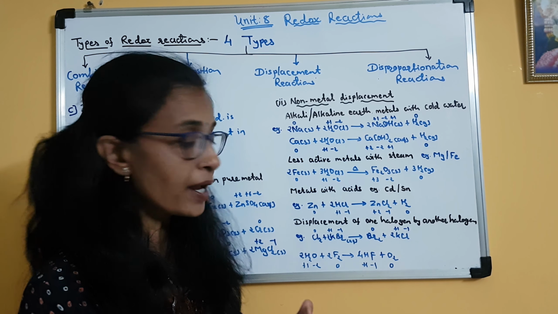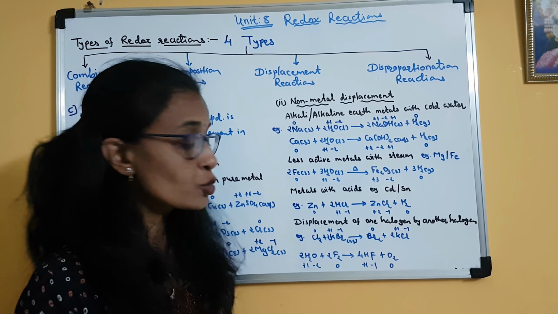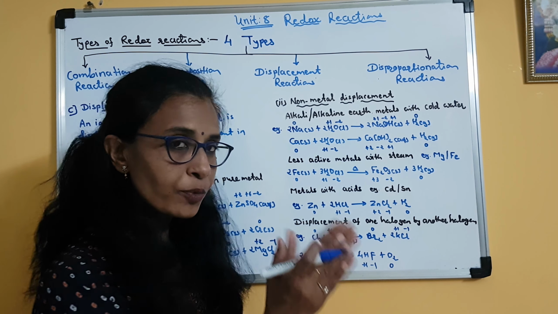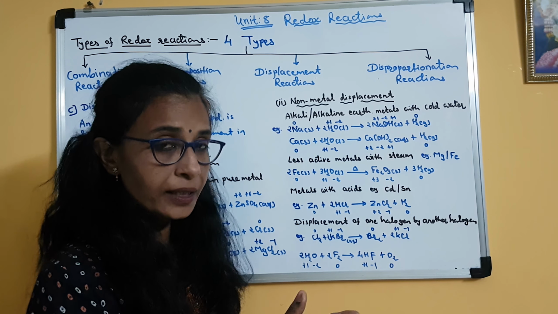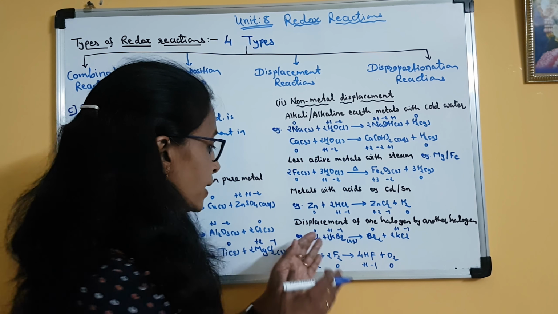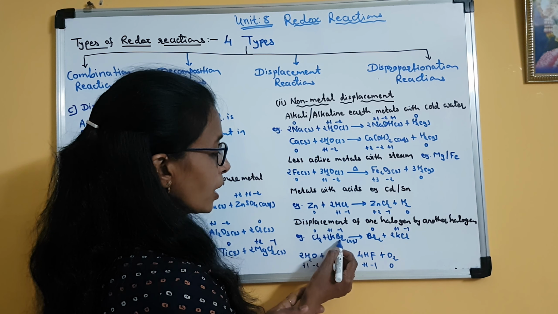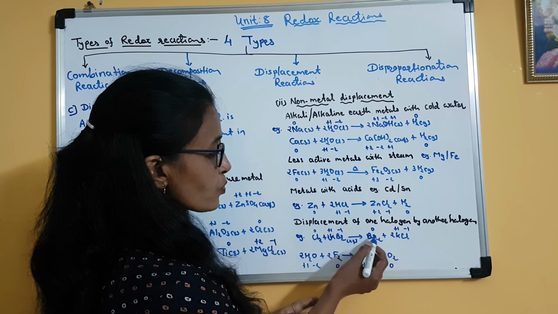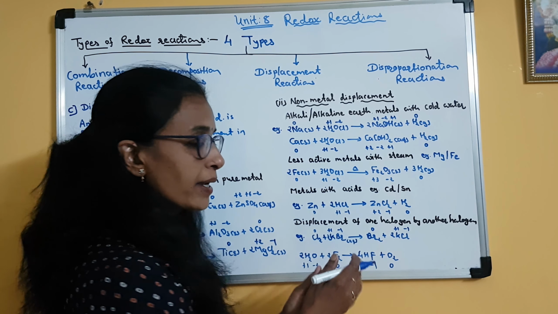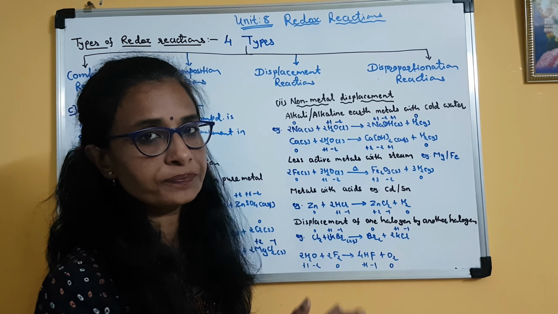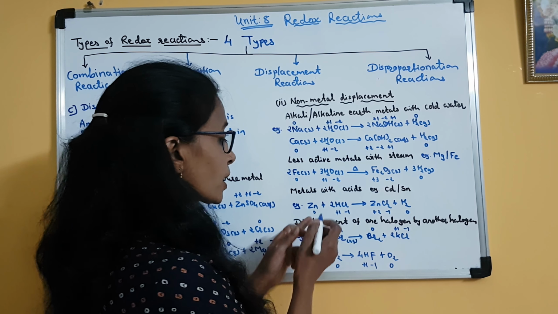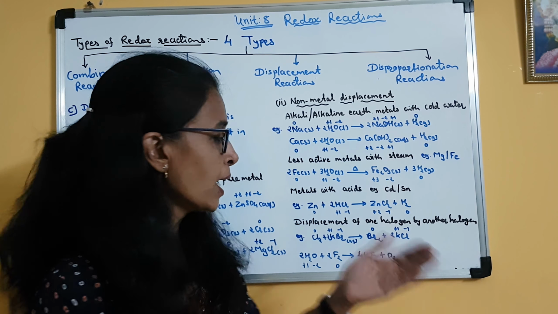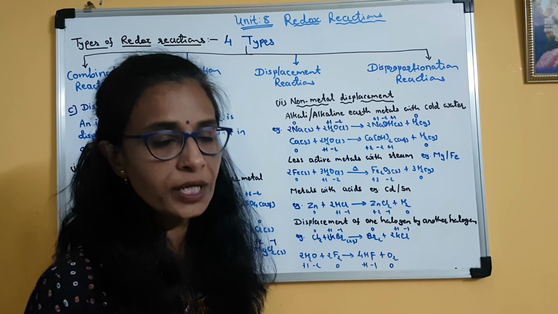Who caused this reduction? Bromine. So bromine in KBr, the bromide ion, is a reducing agent.